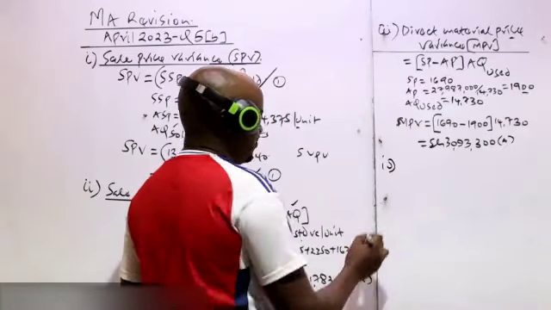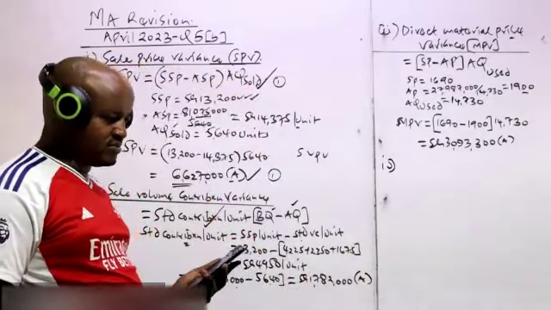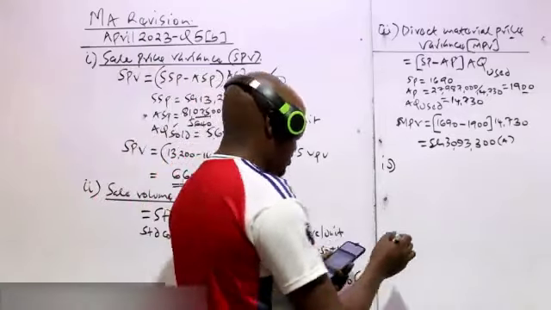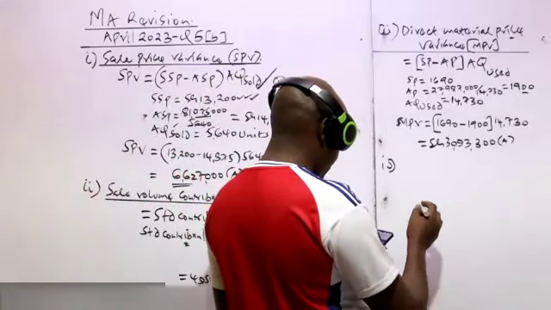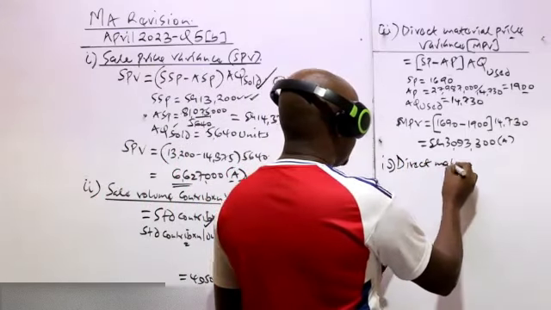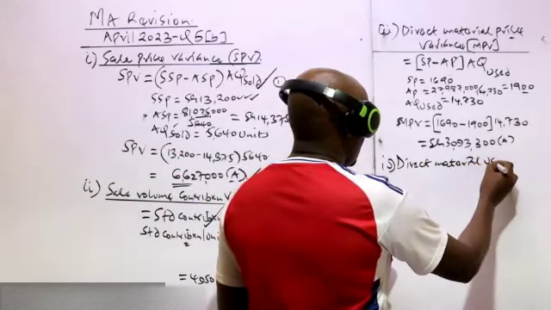So let's move to the other variance, number 4, where we are required to compute the direct material usage variance.